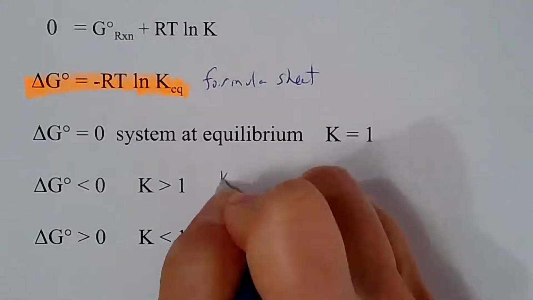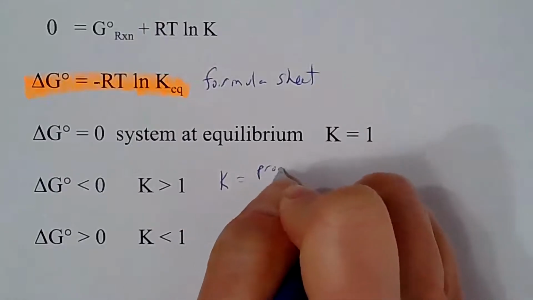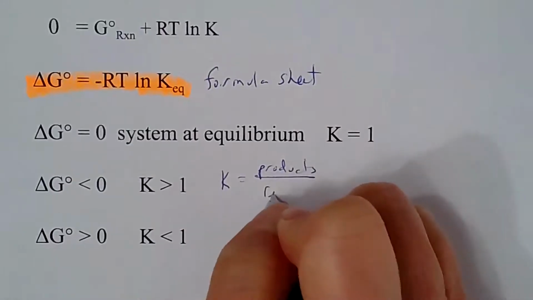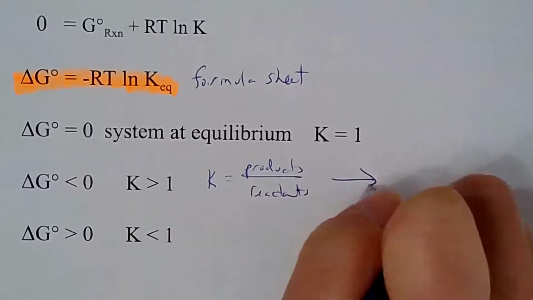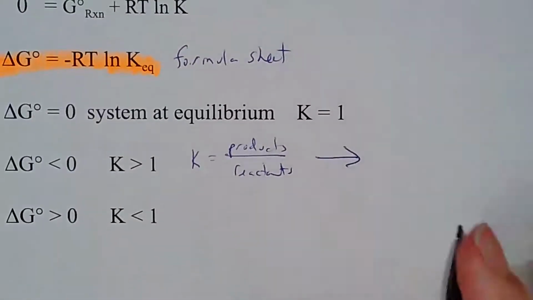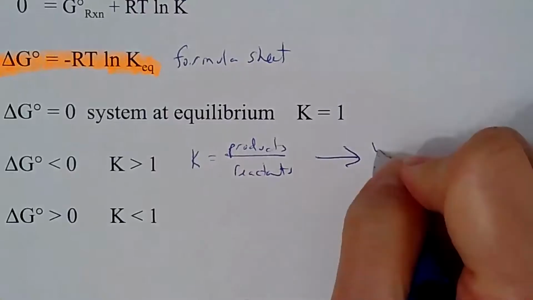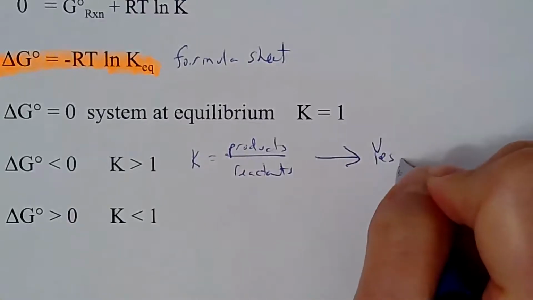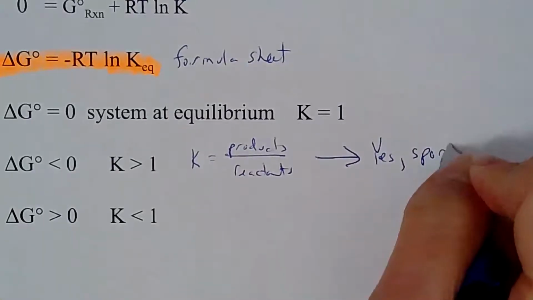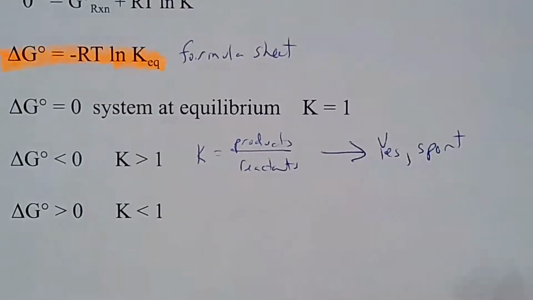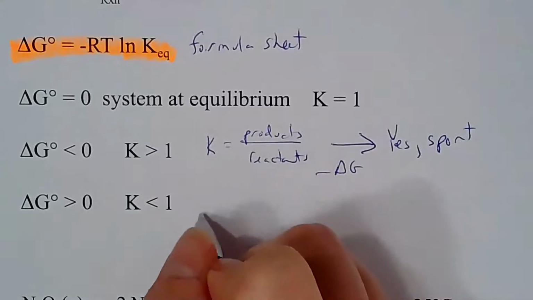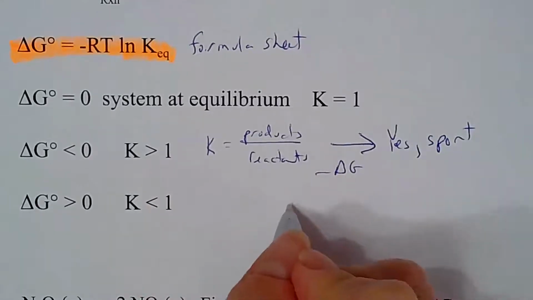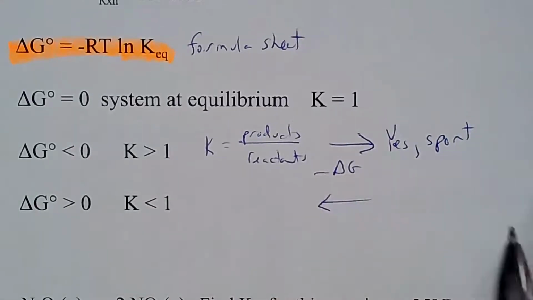Well, that should make sense, because if K is products over reactants, that means I am favoring the right. I am favoring products. So yes, it is spontaneous the way it is written. And yes, I get that negative delta G. Well, if my K is less than 1, that means reactants are favored.